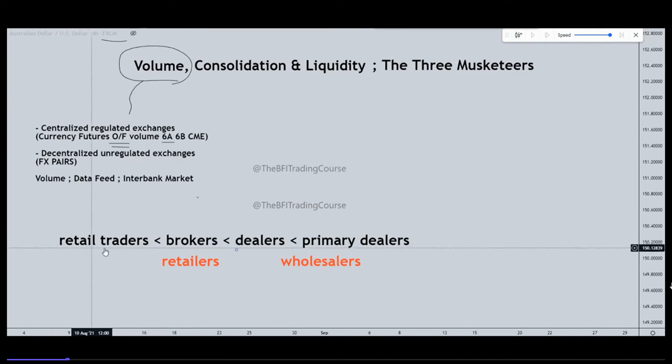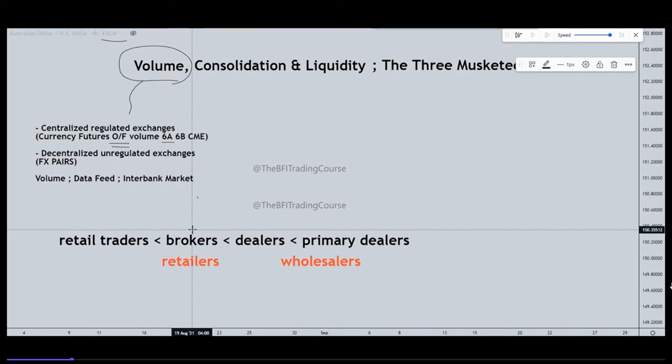But let's look at this: retail traders, brokers, dealers, primary dealers. This is how the infrastructure of the system operates. You have these brokers offering the pricing to these retail traders.